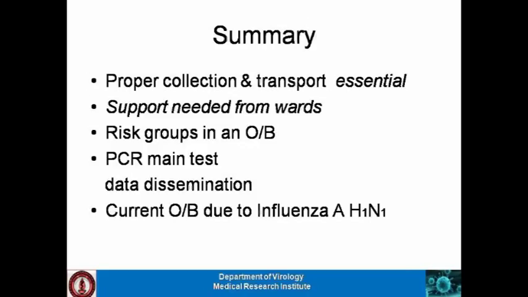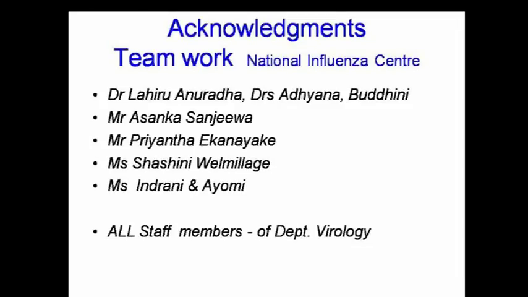We are offering diagnosis for risk groups only, but it is not strict. PCR is the mainstay, and we disseminate knowledge. The current outbreak's main strain is influenza A H1N1.